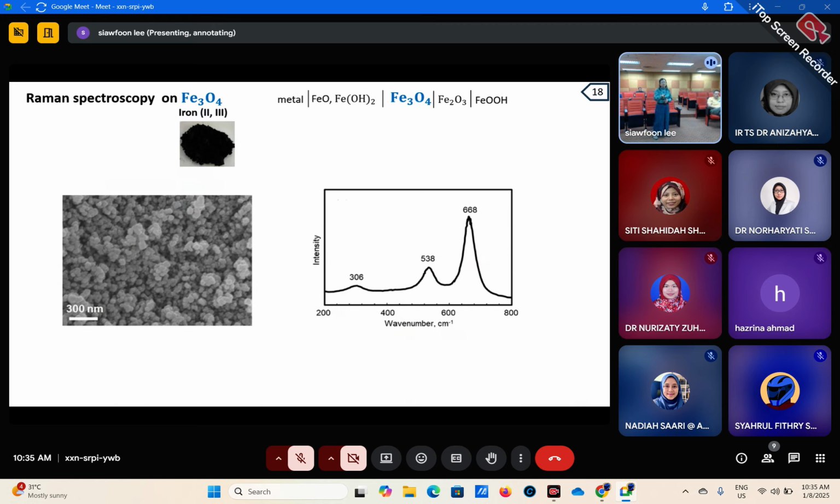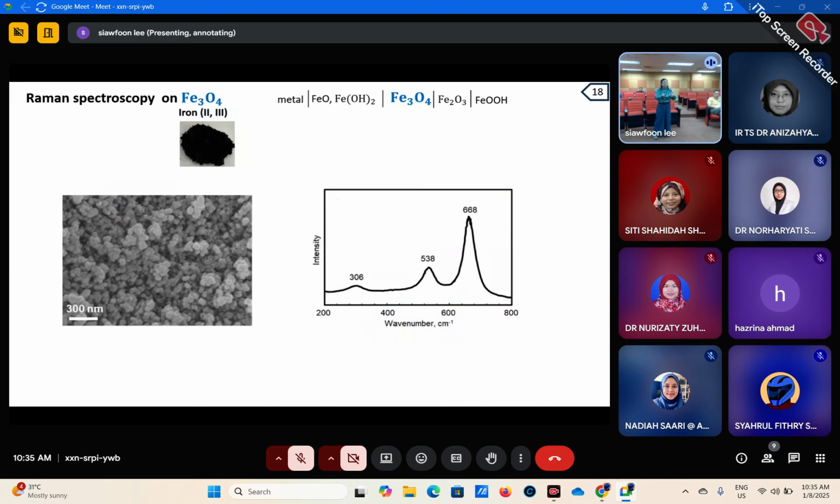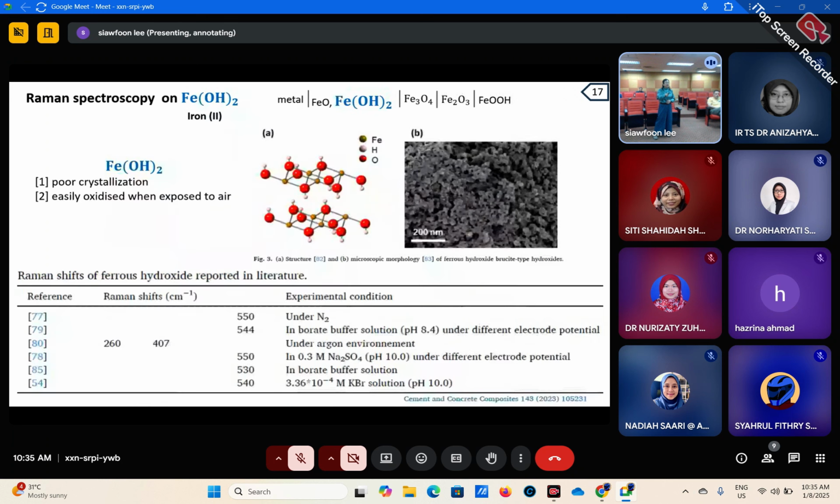But don't get confused by this 538 with the previous one, because you think okay, that one is 538, so this ferrous hydroxide is also 538. So what is actually different? How to differentiate this one, which is the iron 2 and 3, from this iron 2 ferrous oxide? You need to understand that for the ferrous oxide only one peak should appear, which is 550.